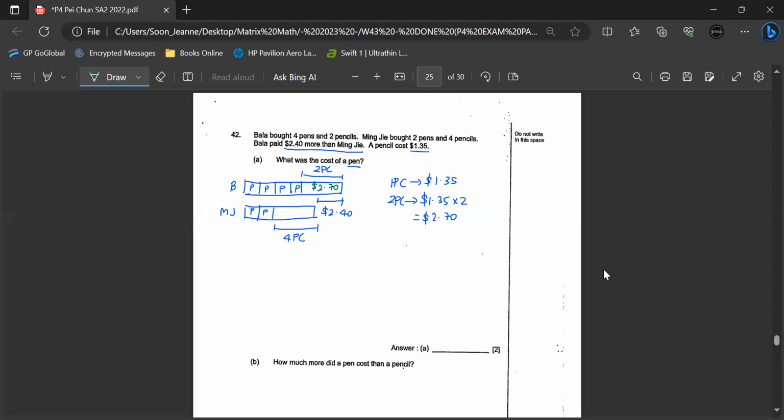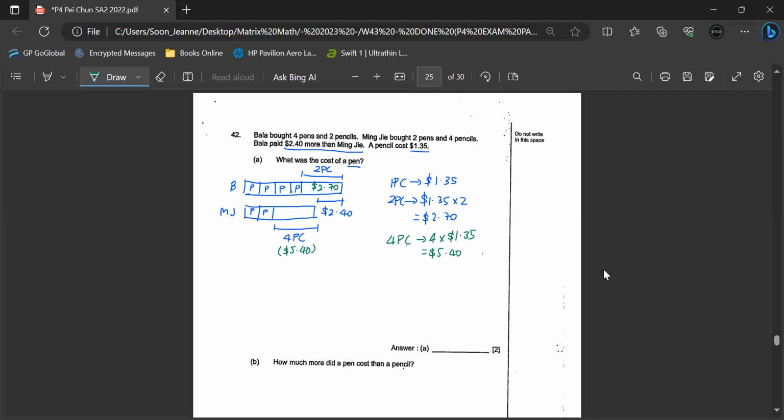Okay, but then you know that over here there are 4 pencils for Mingjie. We find the cost of 4 pencils also. So 4 pencils for Mingjie is actually 4 times $1.35, which is $5.40. So I'm going to write $5.40 here.